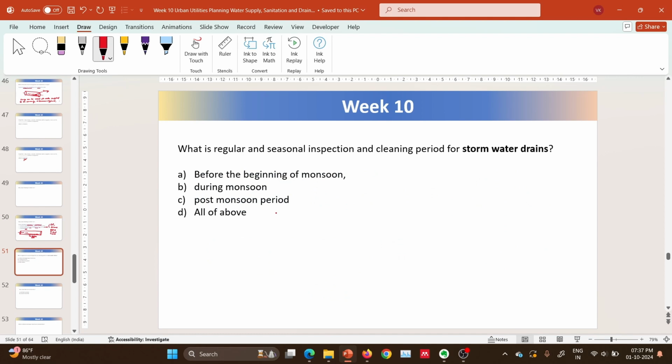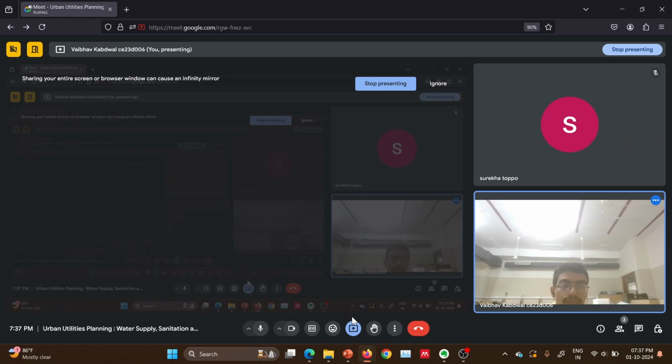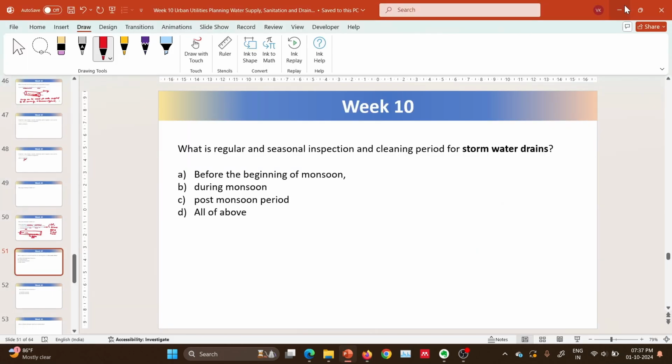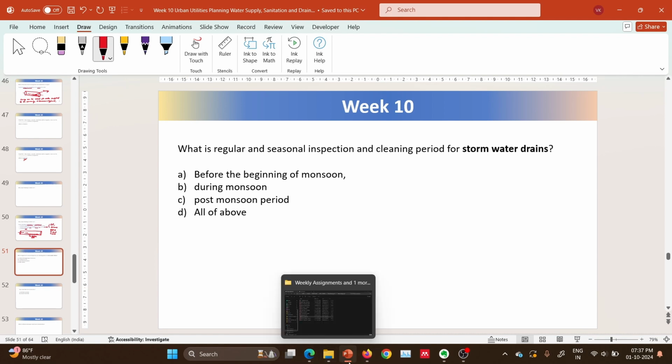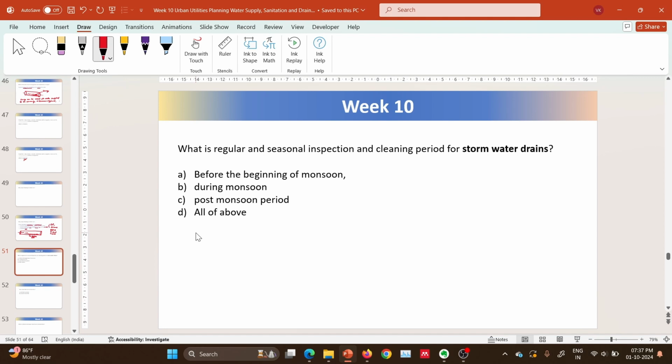What is the regular and seasonal inspection and cleaning period for stormwater drains? Stormwater drains are generally filled in the monsoon.